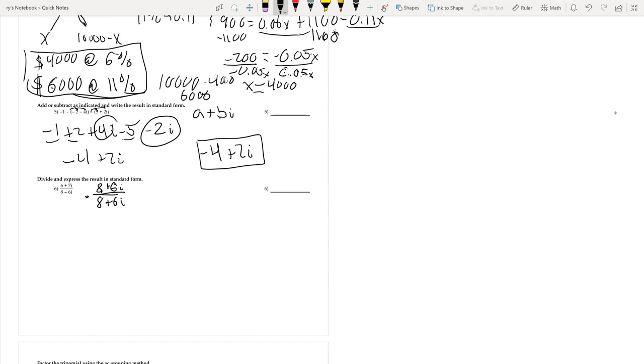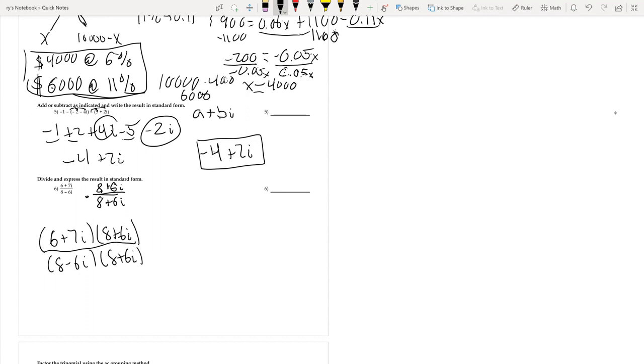So in that case, we get something like 6 plus 7i times 8 plus 6i over 8 minus 6i times 8 plus 6i.